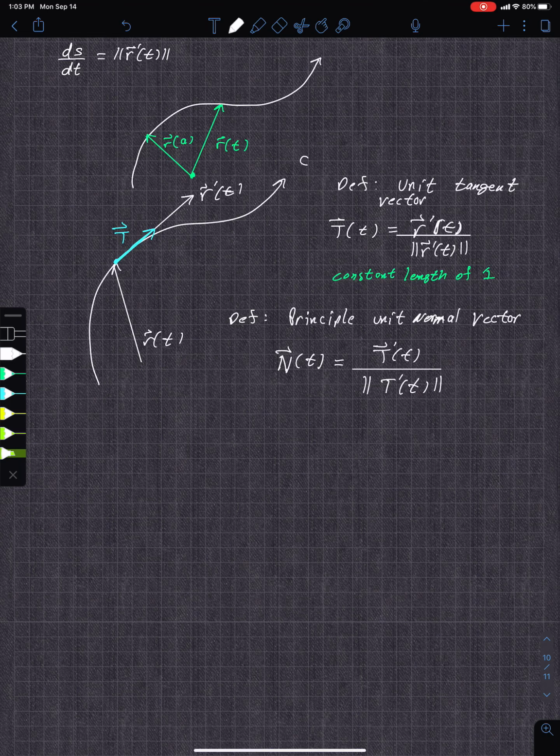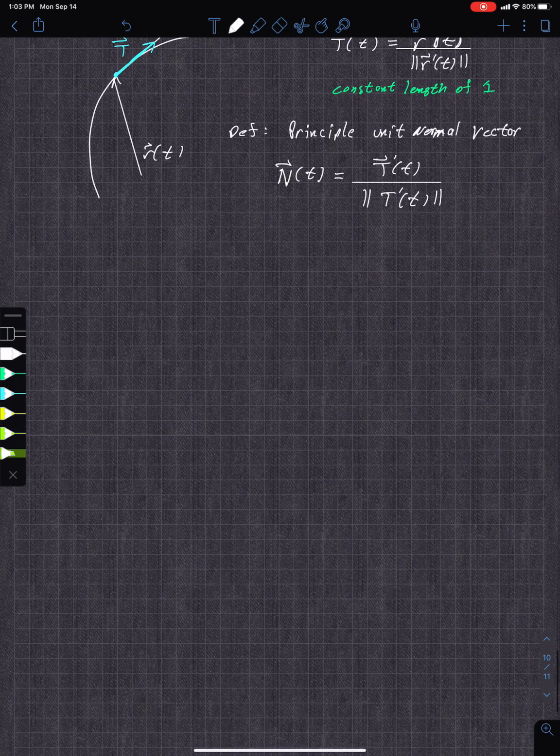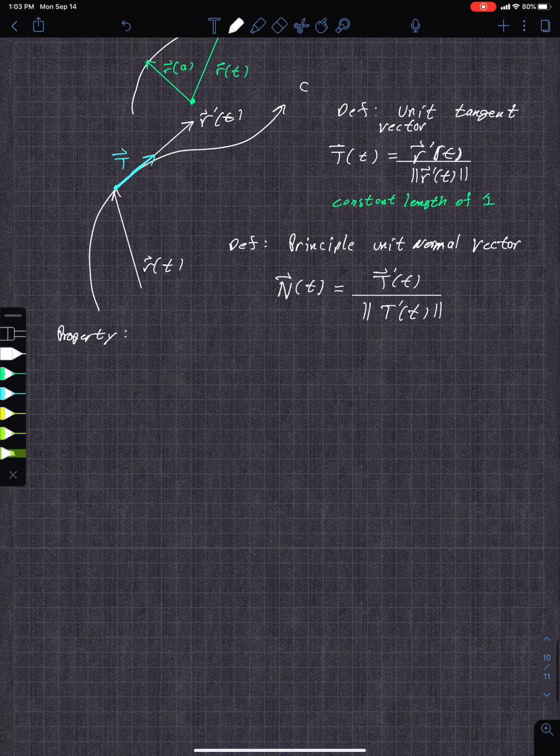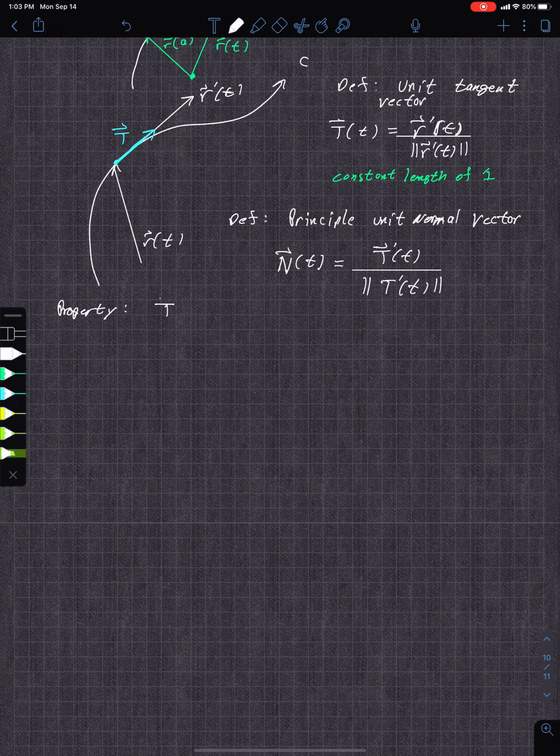The property says, and we're definitely going to prove this, that the unit tangent vector T and the principal unit normal vector N are always perpendicular to each other.